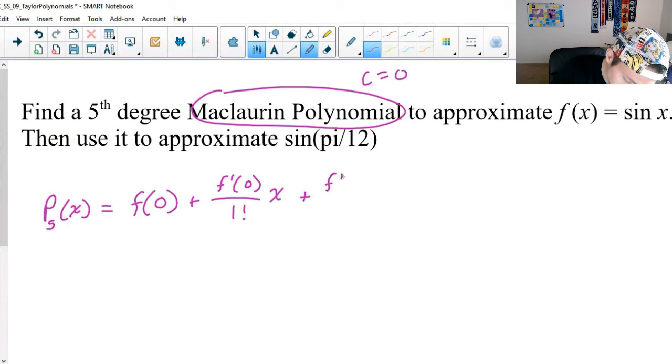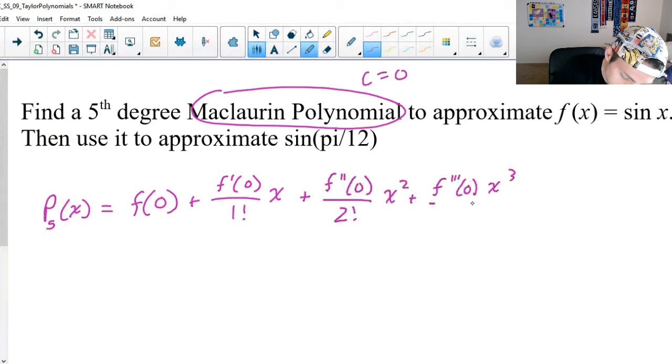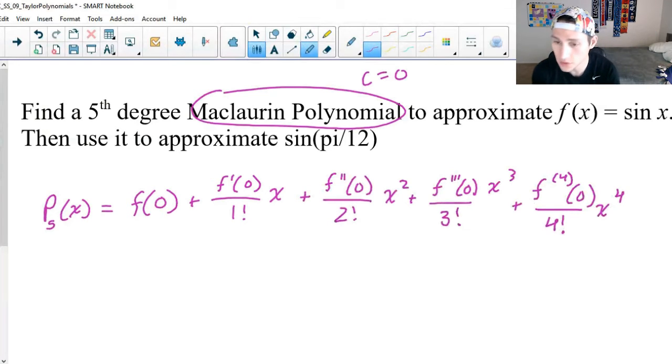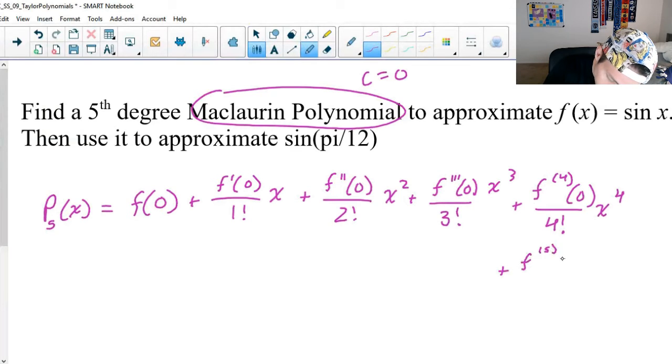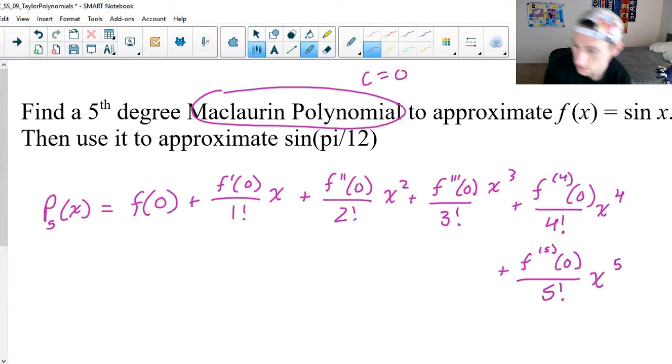And then plus f double prime of 0 divided by 2 factorial times x squared, plus f triple prime of 0 times x cubed divided by 3 factorial, plus the fourth derivative of f of 0 divided by 4 factorial times x to the fourth, plus the fifth derivative of f of 0 divided by 5 factorial times x to the fifth.